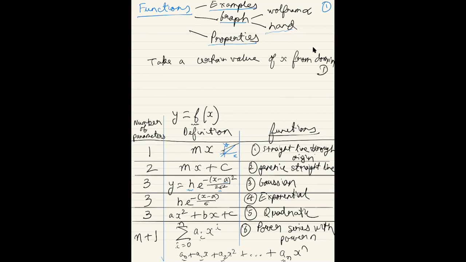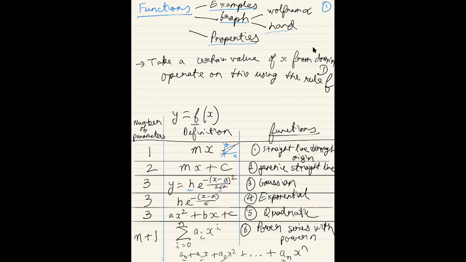So x could be any integer, for example, then the domain would be the set of all integers. x could be all real valued numbers, then the domain D would be the set of all real valued numbers. Operate on this using the rule f.